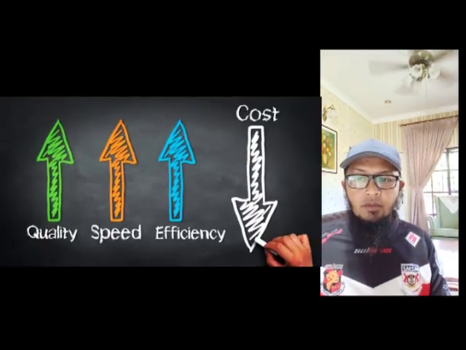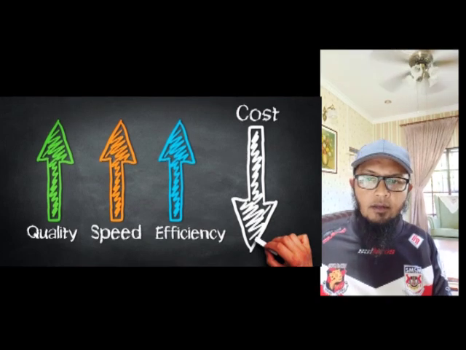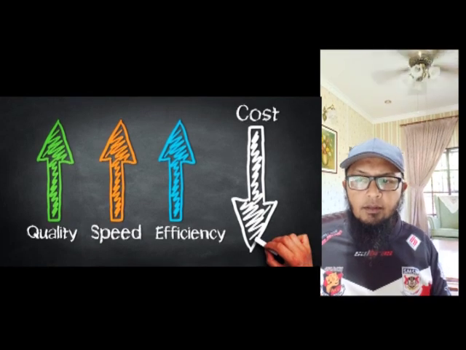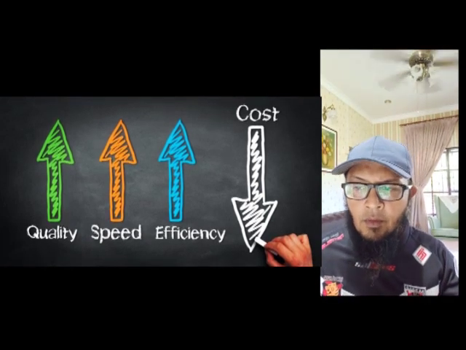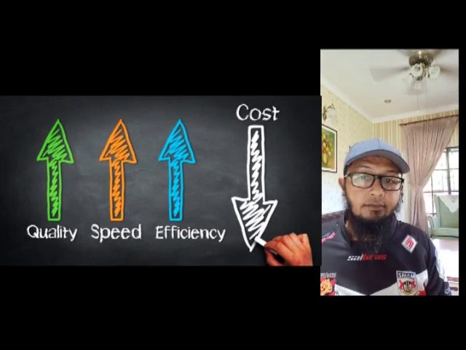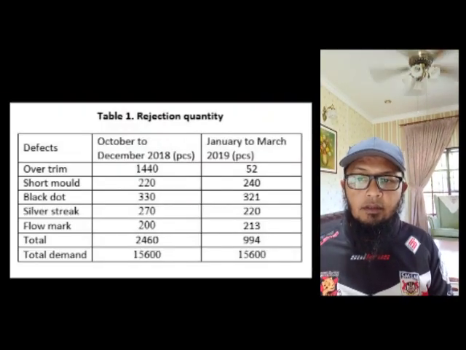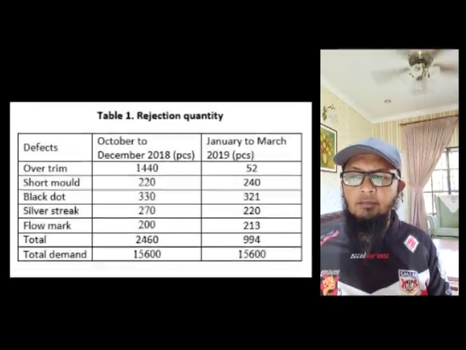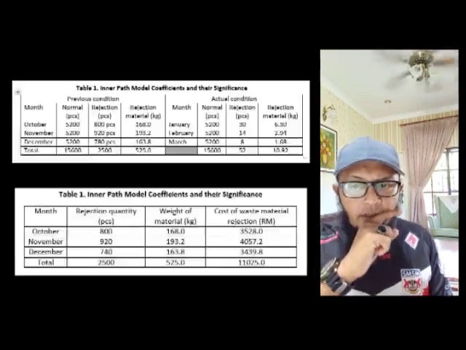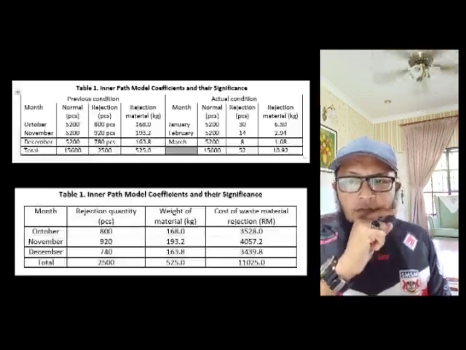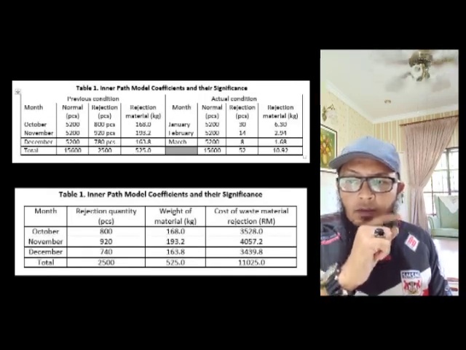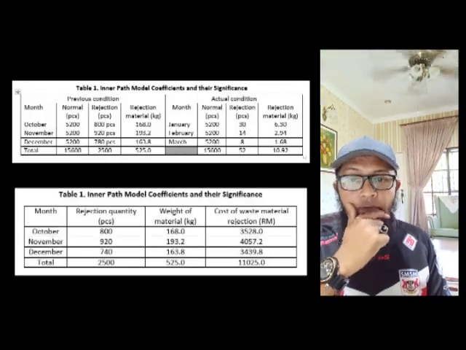After implementing the trimming guide jig for ornament Big D20N, the data was collected from the production team department to compare the previous condition data and the actual condition data after implementation of the trimming guide jig. The jig has undergone several testing trials to make sure of its effectiveness toward the part products, and it has also been tested with the operator to measure the comfort of use when handling the trimming process.